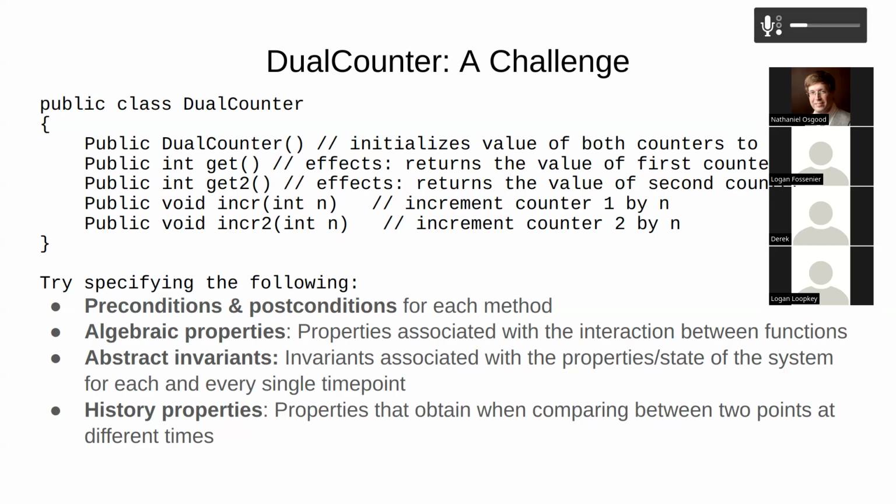The history property can no longer be counted on, because now it could go down, right? Because negative. The invariant, that it's always greater than or equal to 0 at any one time, can that be counted on? No. And certainly we can't count on calling get, incrementing by some arbitrary number, and calling get again, is that more than that plus 1?